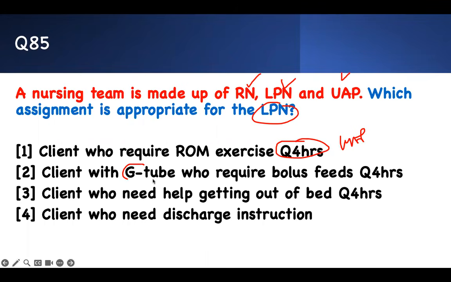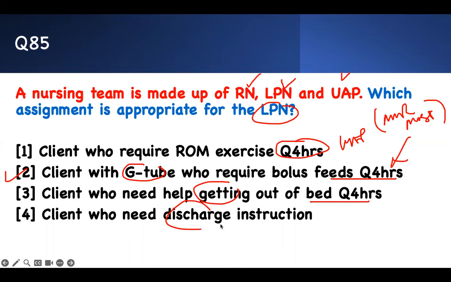A client with a G-tube who requires bolus feed every 4 hours. LPN does MMR most. Check my website, it will tell you what MMR most is. They monitor, they reinforce, they give most medication, they do stoma and tube feed, so they can do that. A client who needs help getting out of bed, that's the UAP's job. A client who needs discharge instruction, that's the RN's job.